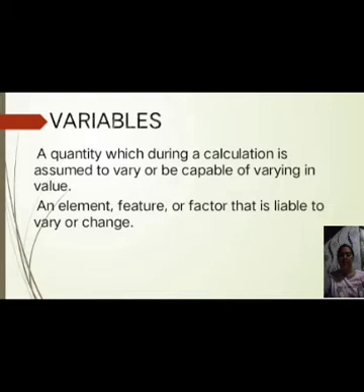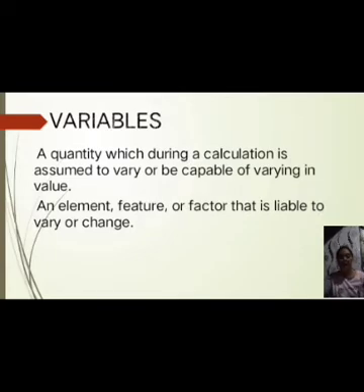And so, yung variables po is represented by a letter like X or Y or like A or B. And also, yung variables ito yung symbol na value na hindi pa natin alam.